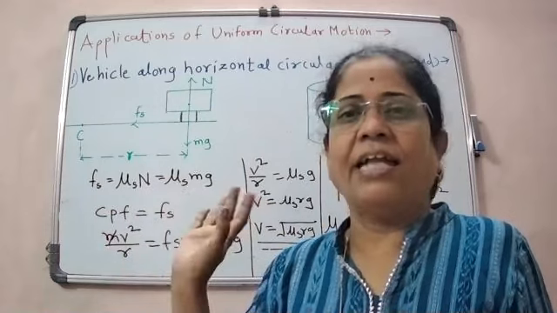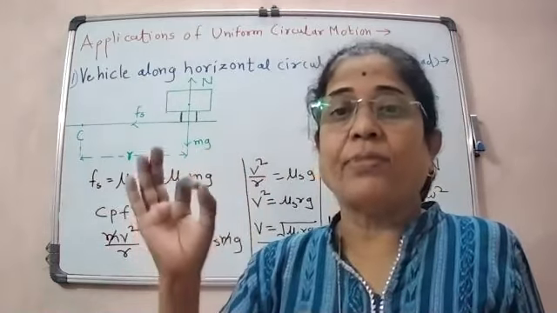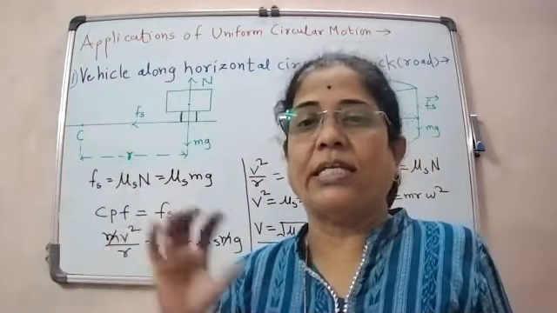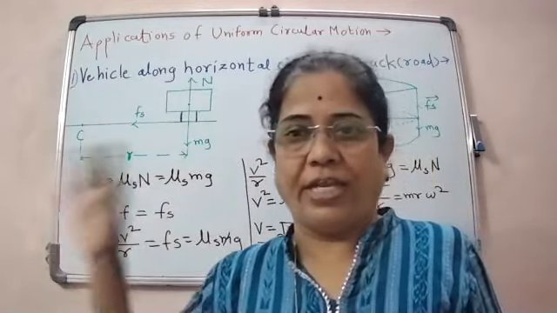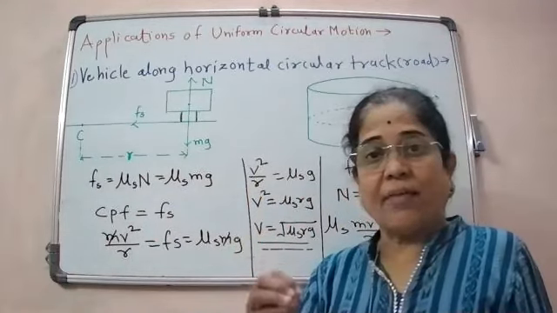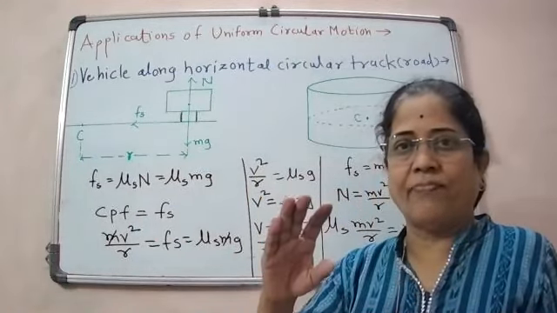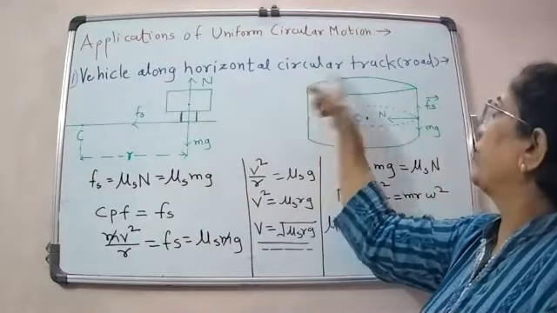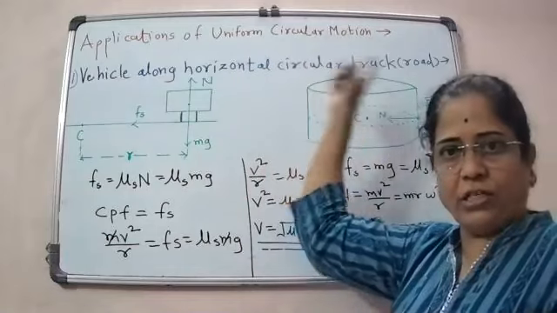So you can say that the most safe speed along a horizontal circular road is independent of the mass of the vehicle. So this is the first application, for a vehicle along a horizontal circular track.